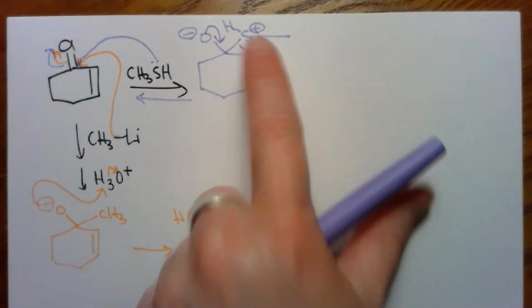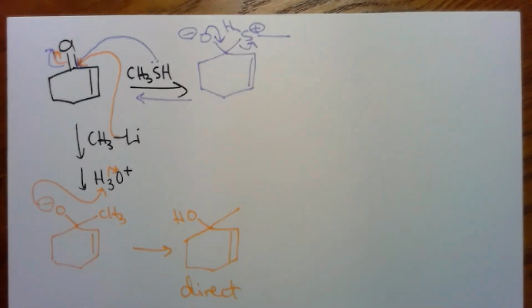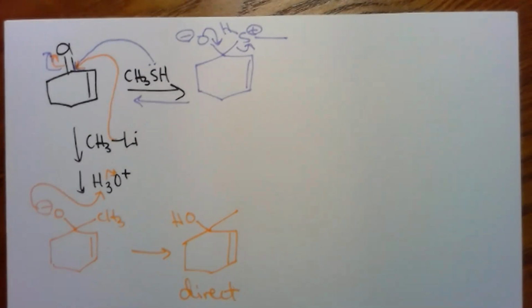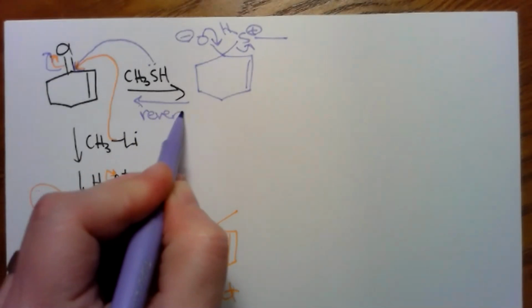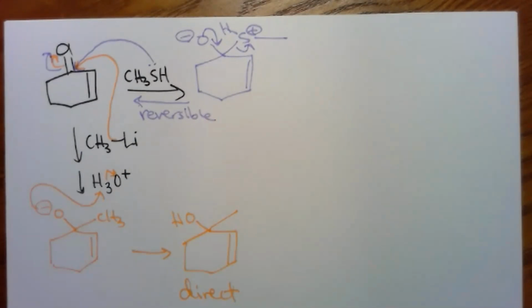Is kicking out a methyl group, if we were to fold down and kick out a methyl minus, possible? No. But kicking out an S is kind of easy, so you can fold down and kick out. This reaction is reversible. Because it's reversible, it can add, get kicked out, add, get kicked out, many times.